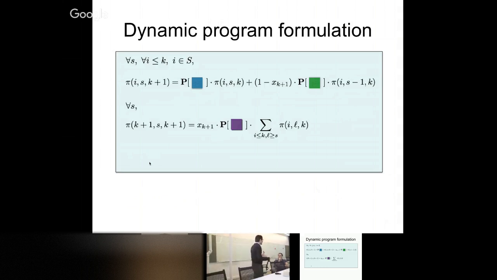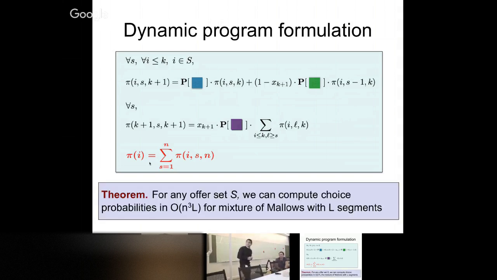So this is a system of equations that I can write, and then the choice probability of I is just the sum over all the positions of pi I s n. Okay. So that's a simple system of equations that will give you exact choice probabilities, and these are order n cube variables. Now, if you have a mixture of Mallows model with L mixtures, this is order n cube L. N is the size of your offer set, right? N is the size of all the items.